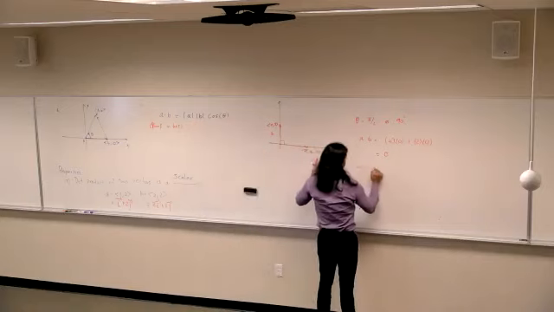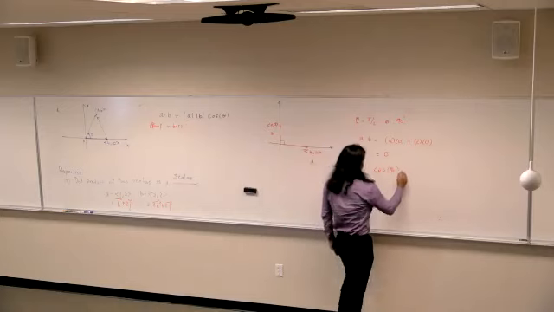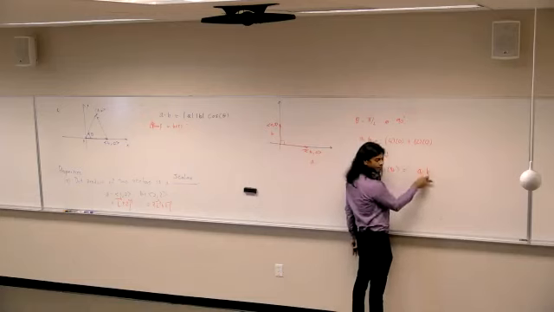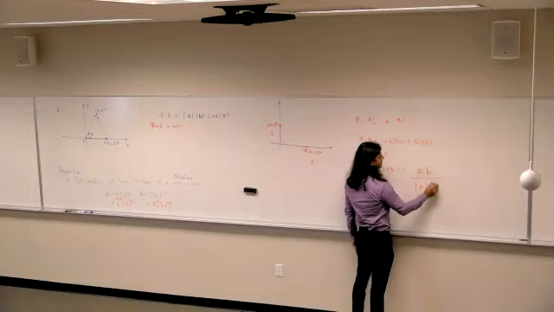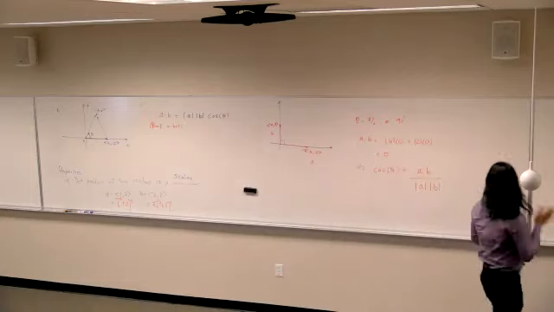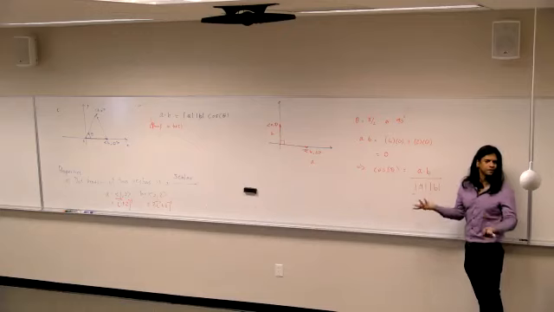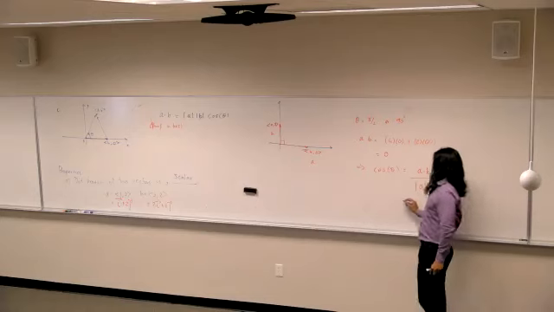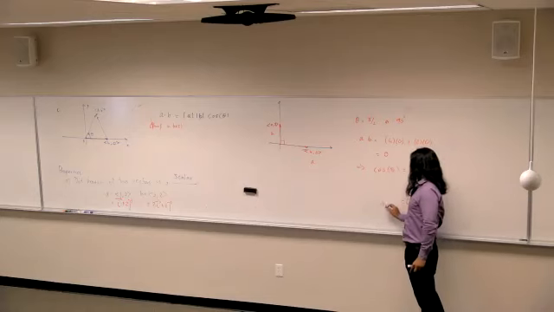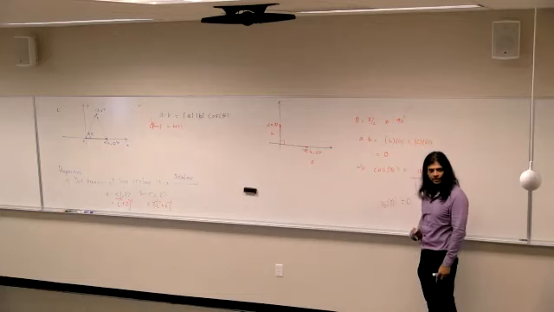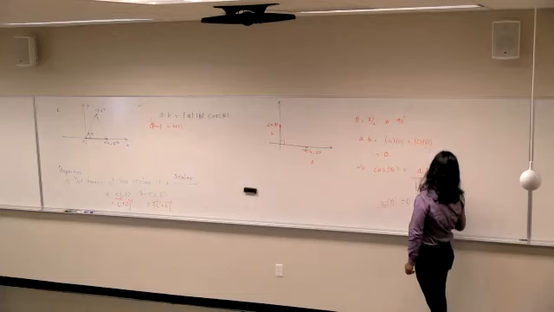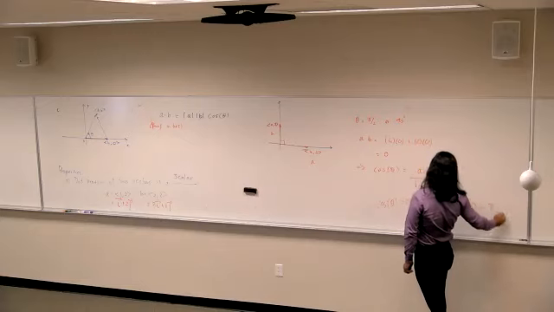So I know the formula for cosine theta based on my definition: the dot product of A and B divided by the length of A times the length of B, or the magnitude of A multiplied by the magnitude of B. In this case, the numerator is 0, and the denominator cannot be 0 because they are lengths. What is theta? Theta is simply cosine inverse of 0, which is pi over 2.